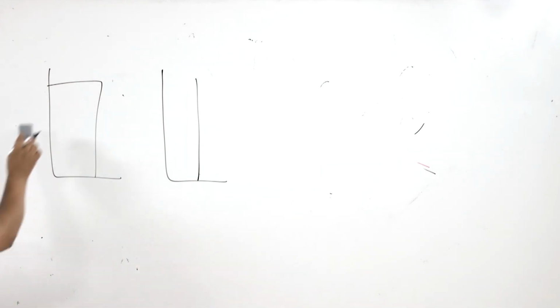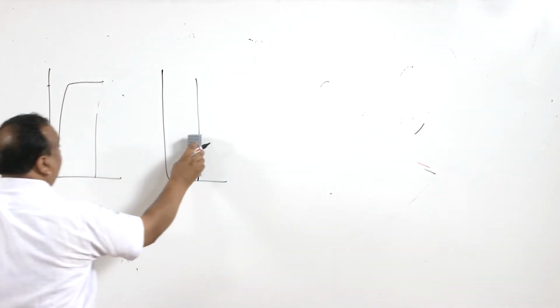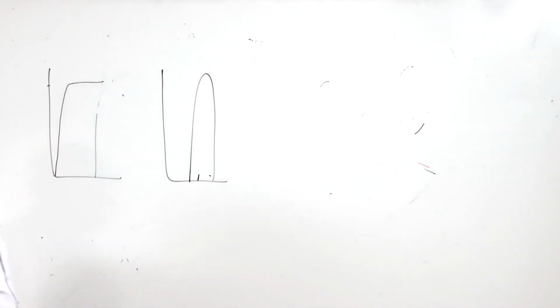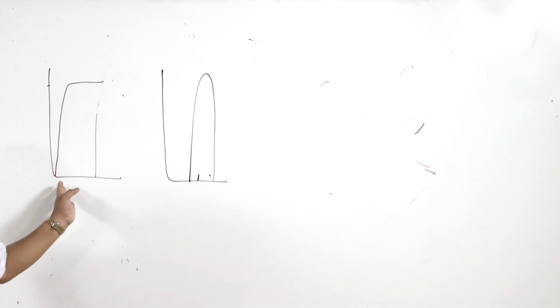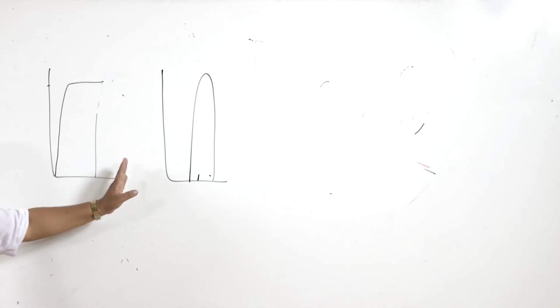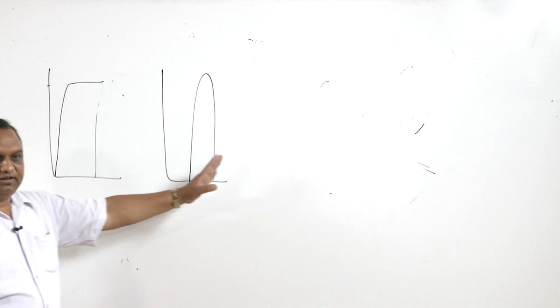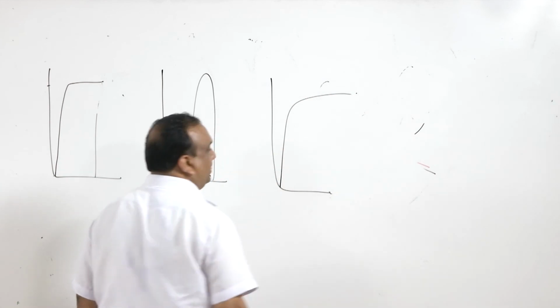Step input is something like this. When it is something like this, then this vertical line will become a dome, right? So if you differentiate a step input, you will get an impulse signal. Differentiation of a perfect step input will give you a perfect impulse signal. If you integrate this again, you may get the step signal.